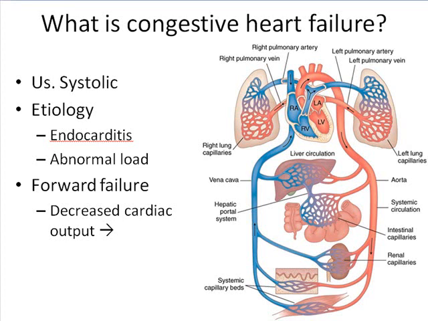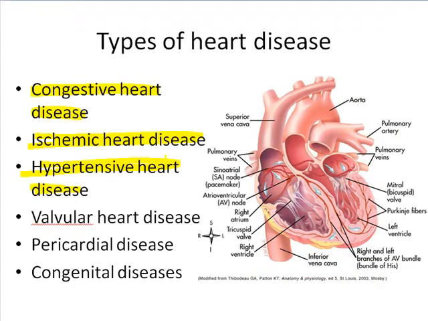Well, actually, before I do that, let me just give you a little lay of the land on heart disease. Most of you probably know that heart disease is a very common condition in the United States. If we look in industrialized countries like the United States, like the United Kingdom, etc., heart disease accounts for somewhere on the order of 40% of all deaths.